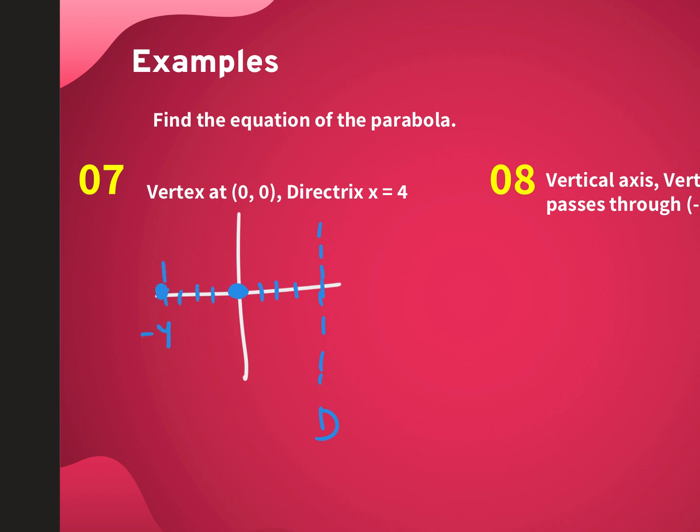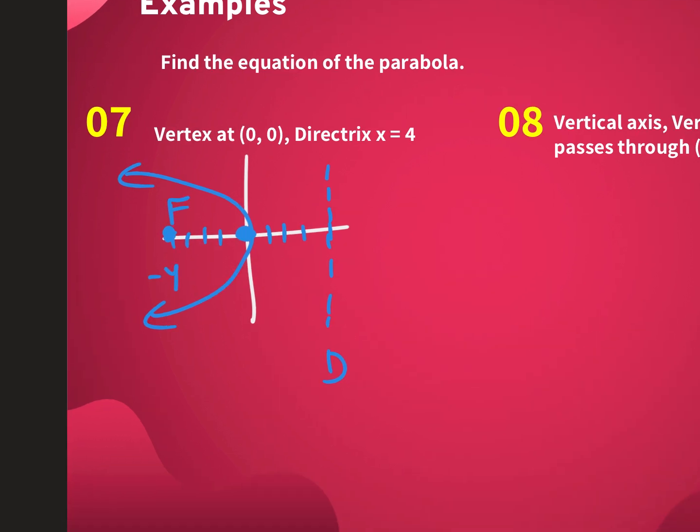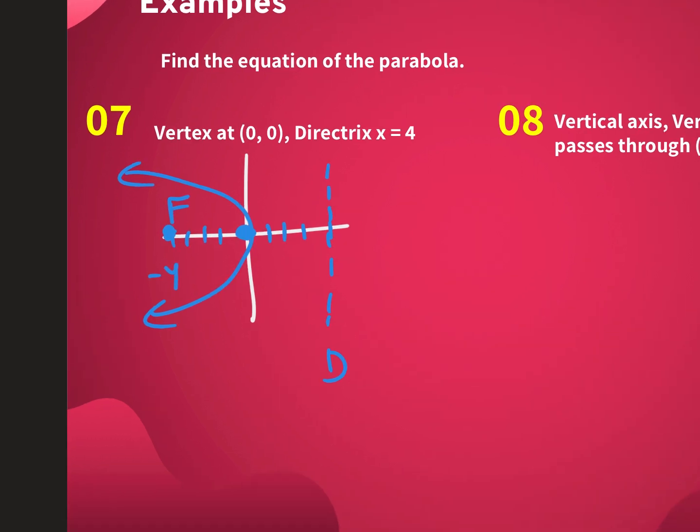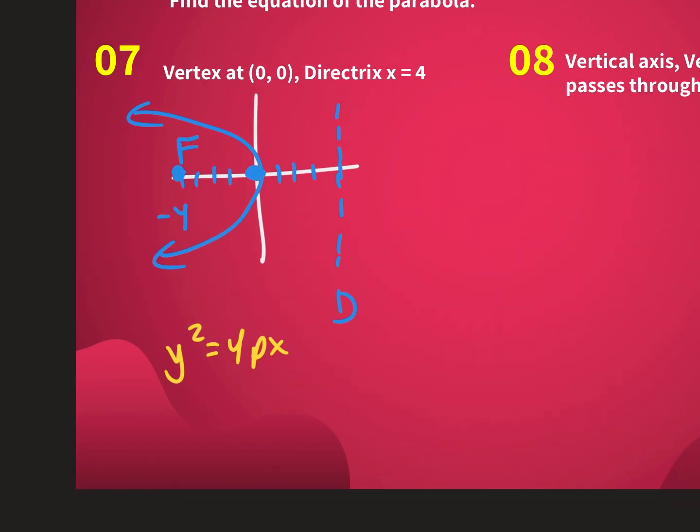That's my focus. Which way does your parabola open? To the left. Why does it open towards the left? Towards the focus, away from the directrix. So I know that this is a y squared equals 4p times x. What is my p-value? Which way is it opening, to the left or the right?